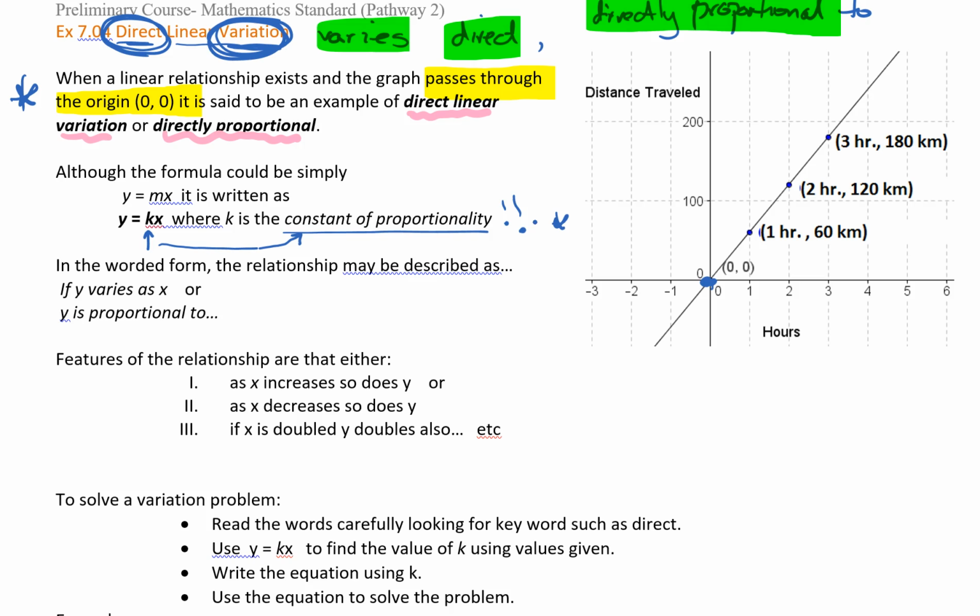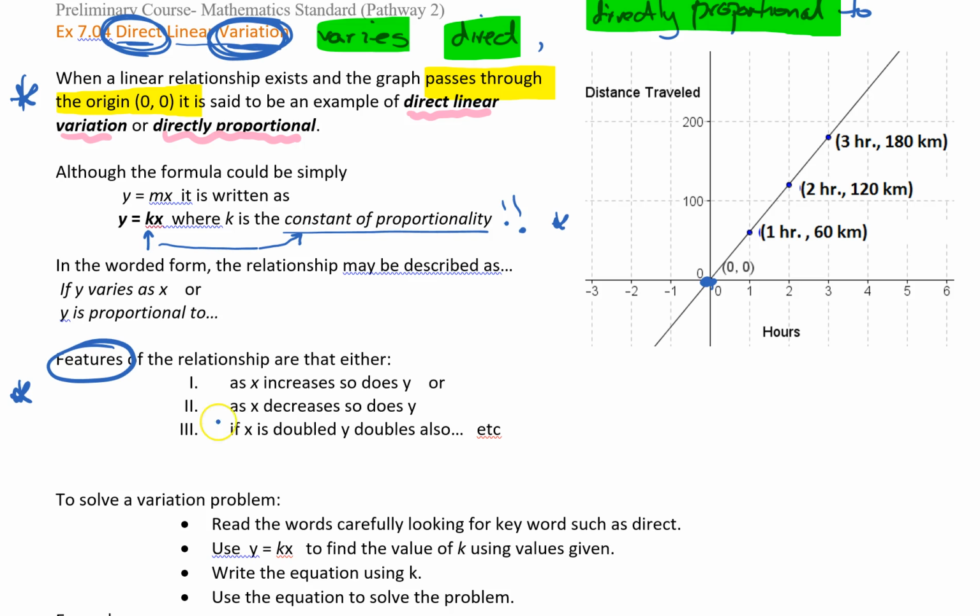Okay, what are some other features? And again, this is another key point from this exercise. You have to be able to recognise key features. I see this tested in multiple choice questions. What are the features of direct linear variation?